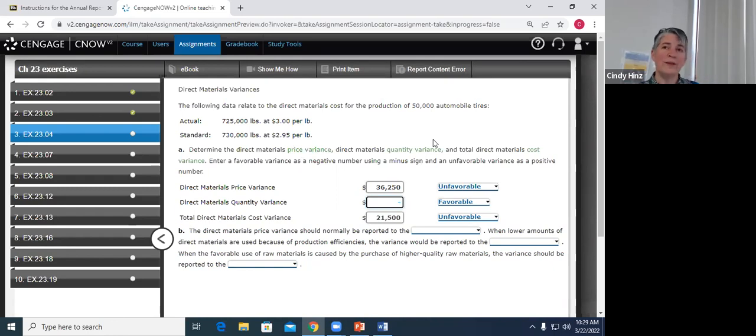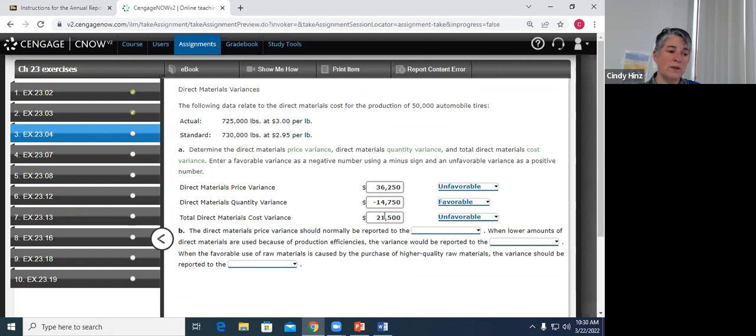How helpful was it that we used 5,000 pounds less? Well, the 5,000 pounds that we didn't use, the standard is that we should have paid $2.95 for those. So 5,000 pounds savings at the standard of $2.95 per pound saved us $14,750.